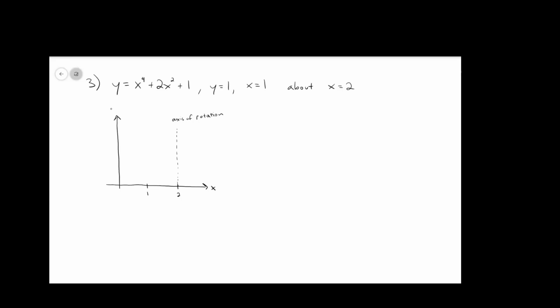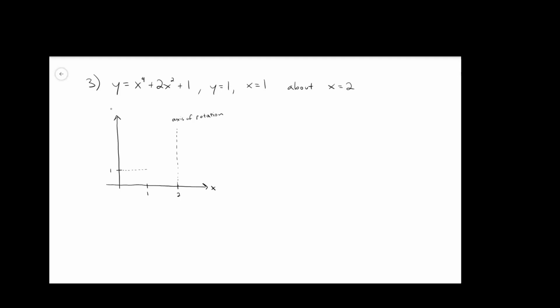Okay, x to the fourth plus 2x squared plus 1, and we're bounding this by, let's see, what does it say? Bounded by this graph, y equals 1 and x equals 1. Okay, so y equals 1 is right here, we're bounding it there. x equals 1, we're bounding it there as well.